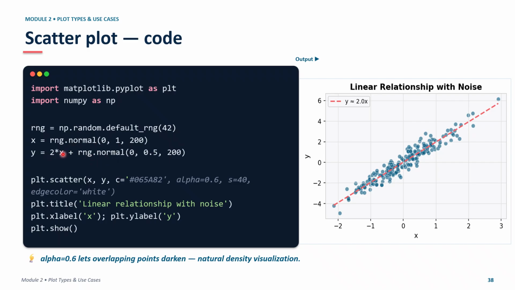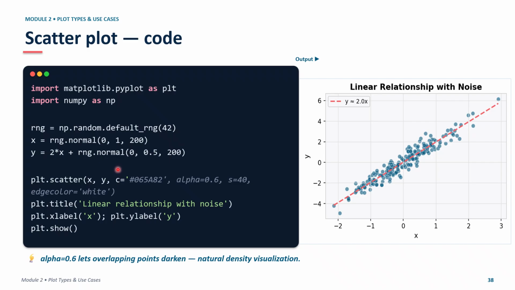The 2x part creates a strong positive correlation, while the rng.normal of 0, 0.5, 200 adds some random noise, making the relationship imperfect, as real world data always is with noise. So this random function will generate the data with some imperfection.